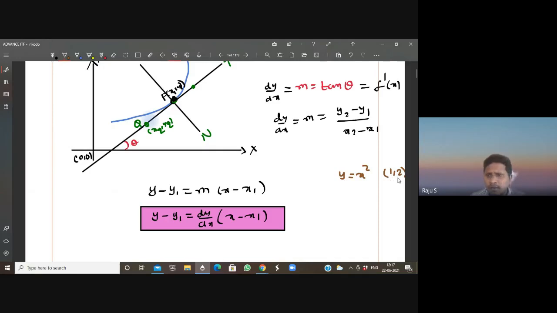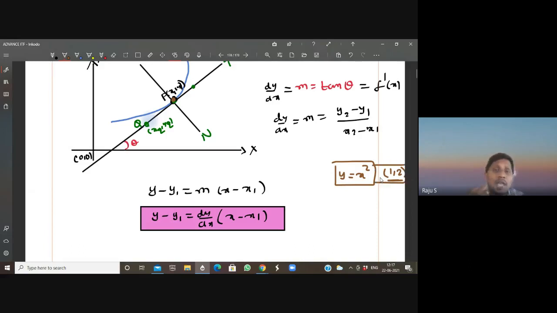I'm taking P of x1, y1 as 1 comma 2, and the equation of the curve as y is equal to x square. I want to find the tangent to the given curve y is equal to x square at 1 comma 2.